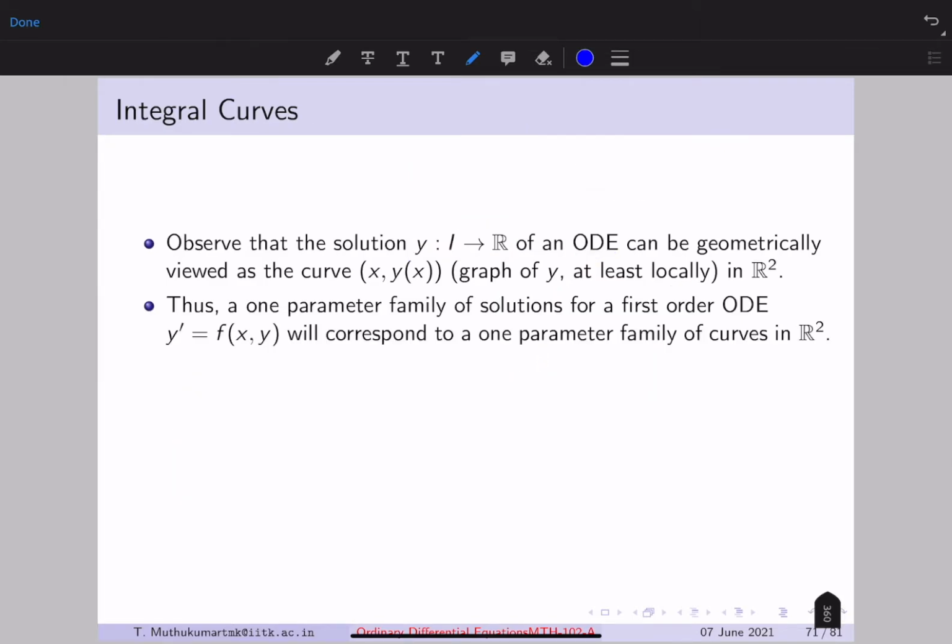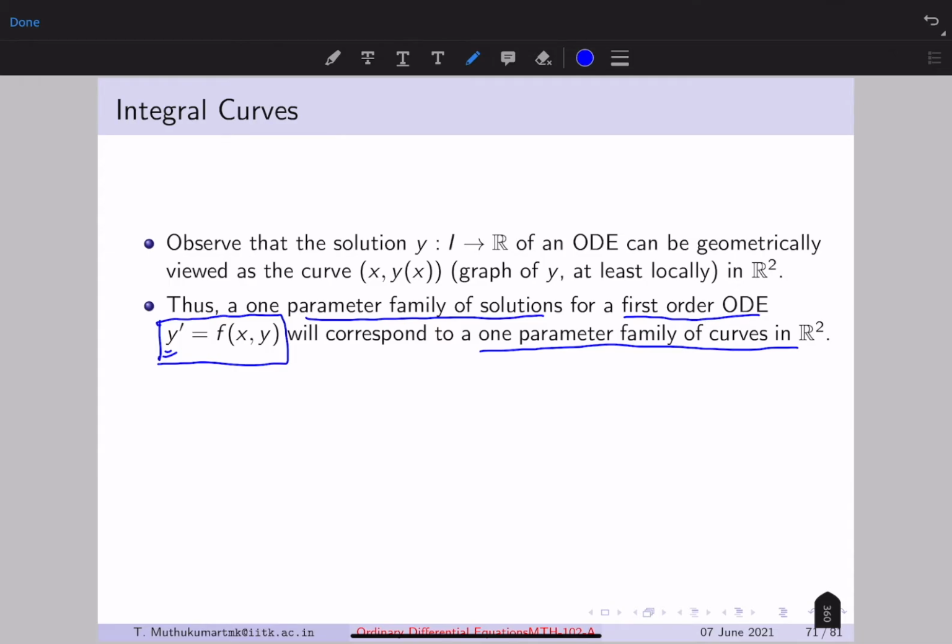So when you look at the first order ODE, when we took the special form of ODEs where there is linearity in the highest order, which is y prime in the first order, so when you say y prime equal to f of x, y, for this ODE, because it's first order, we have a one parameter family of curves as solution, which is something which we have already seen so far.